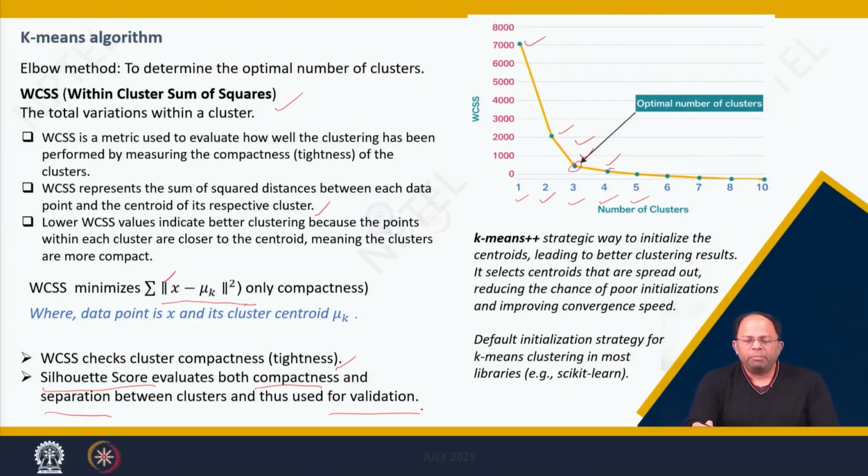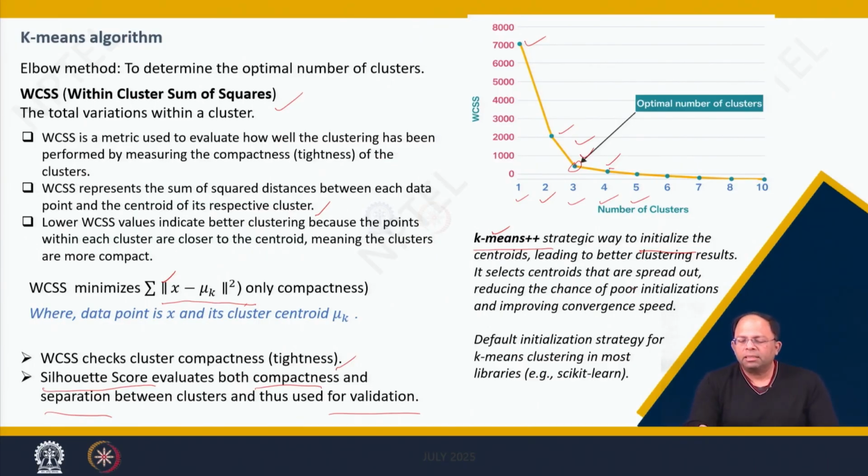So in addition to k-means clustering, we can have k-means plus plus. In the different machine learning algorithms and libraries, we find this particular mention of the k-means plus plus strategy. What it does is initialize the initial centroids, which were random earlier. So it is a way to do that instead of doing it randomly.